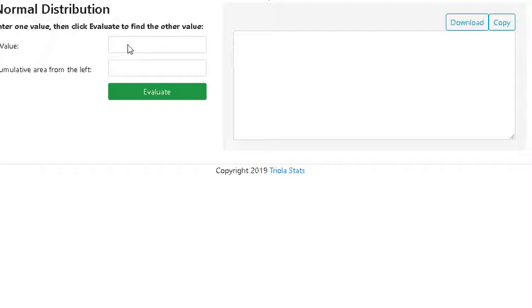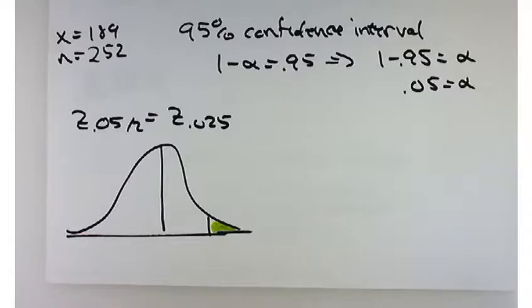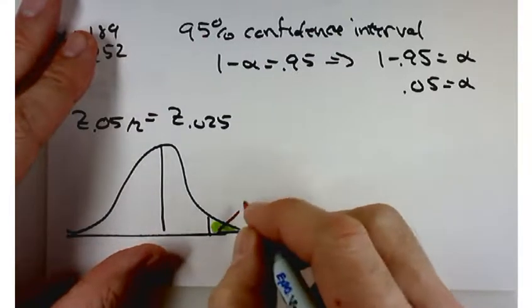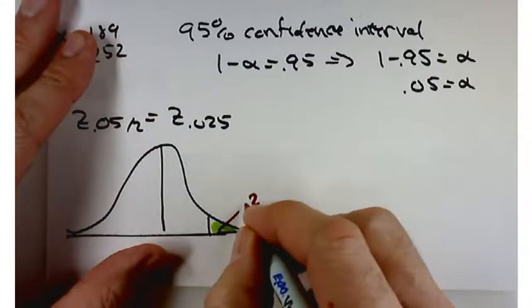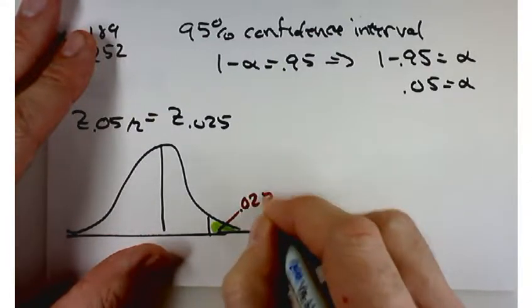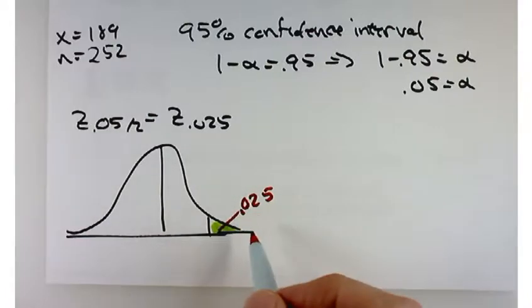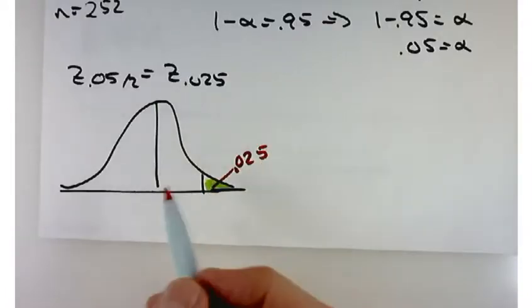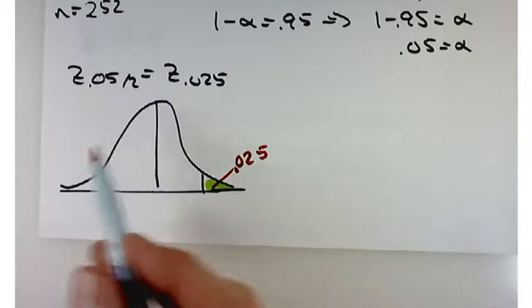Now you can type in one of two things. You can type in the z-value, it will give you the area, or you can say, all right, this is the area that I want. And let's look back for a second to see what area we want. I want the point that represents 2.5% of the area in the right tail. But that's not the way Statistic works. Statistic works with the area in the left tail.